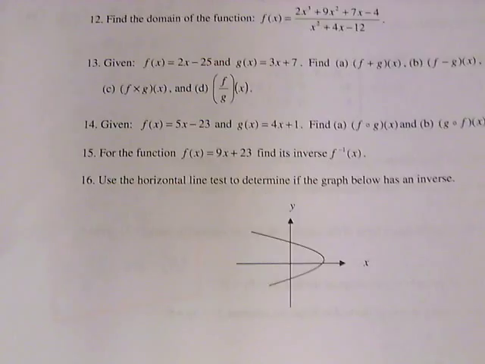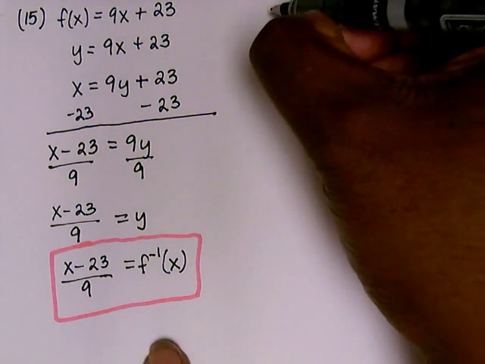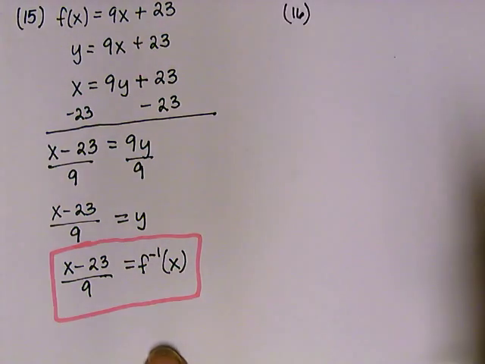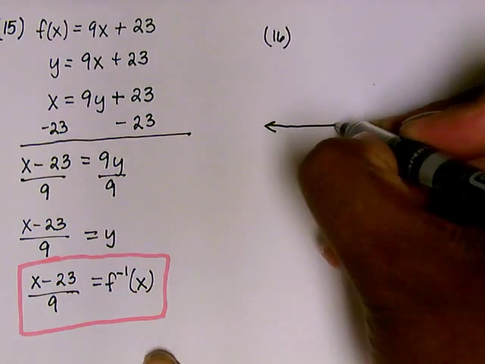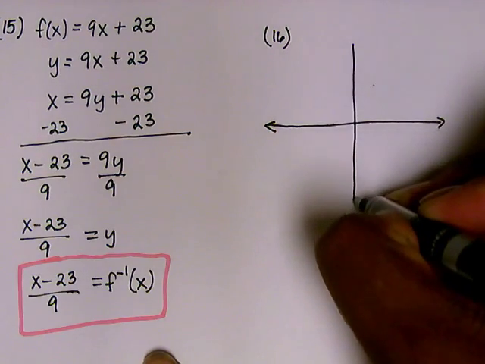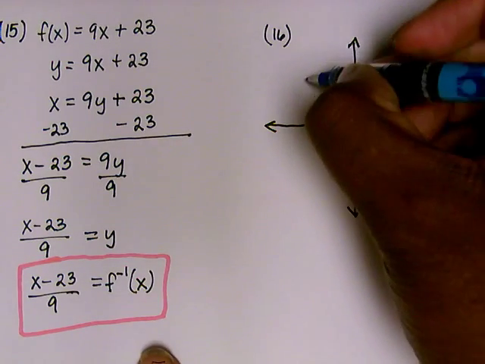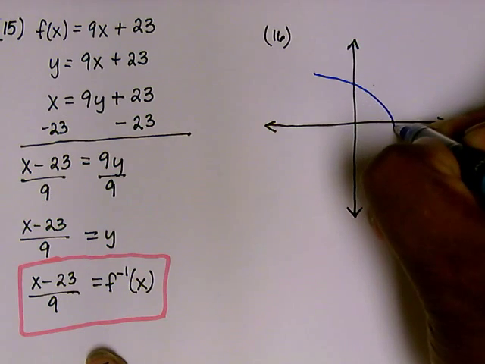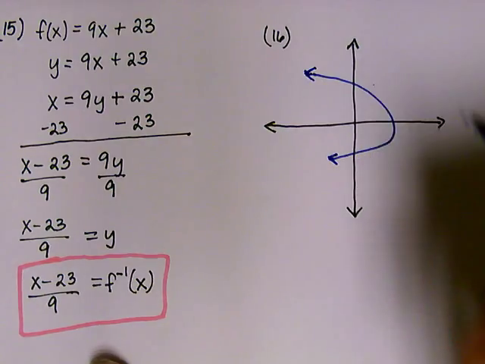Okay, the last one, problem number 16, is using the horizontal line test to determine if the graph below has an inverse. Okay, so it's number 16. I'll bring this down a bit. I'll go ahead and do the graph. What I'm drawing is somewhat similar to what's on the review sheet.